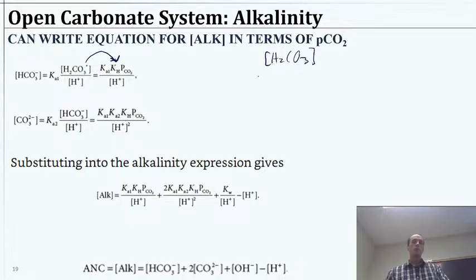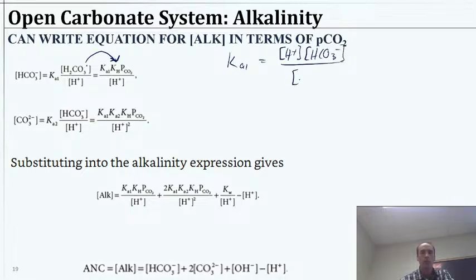So let me make sure that was clear. We start with Ka1. This is the first equilibrium constant. This has the products, H plus and HCO3 minus, for our first equilibrium in the carbonate system. This is describing our equilibrium between carbonic acid and bicarbonate. Right?